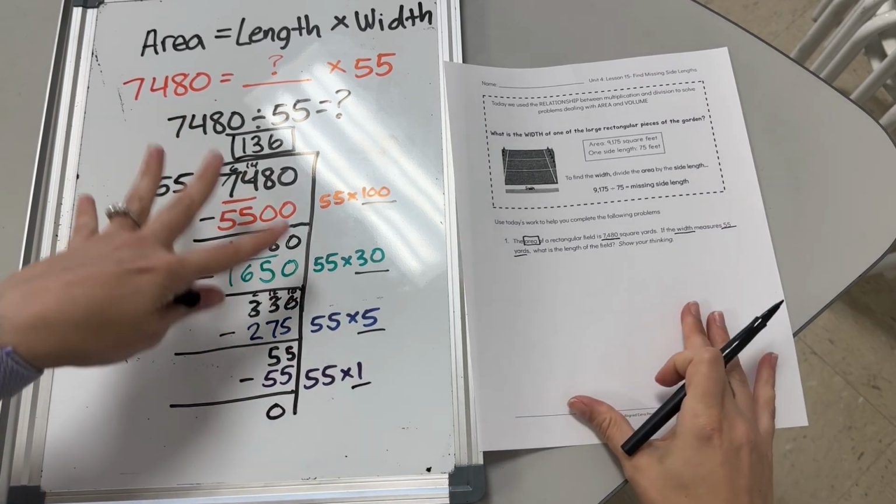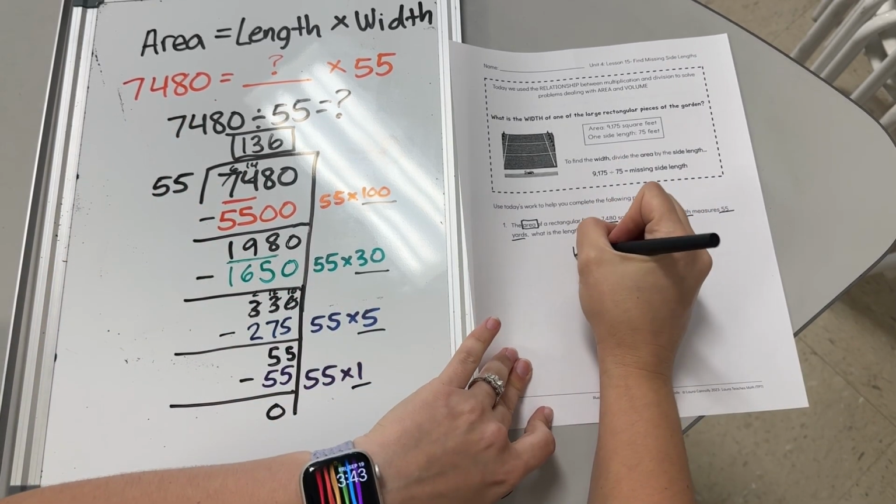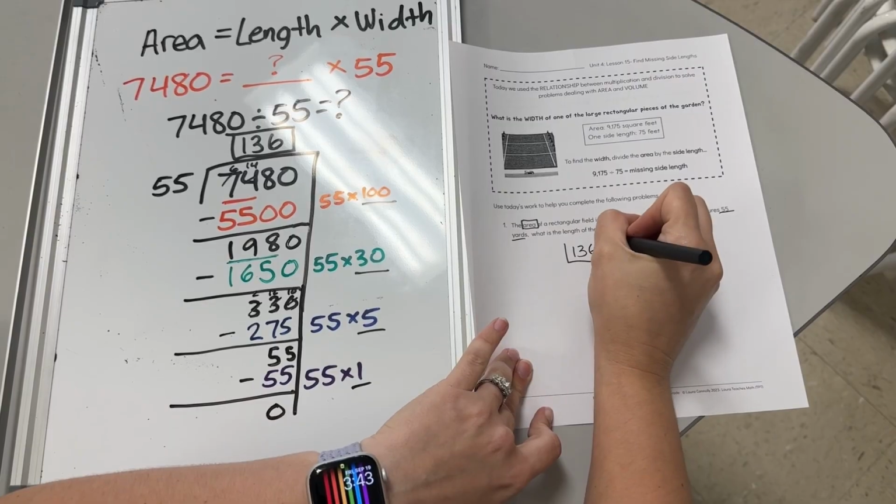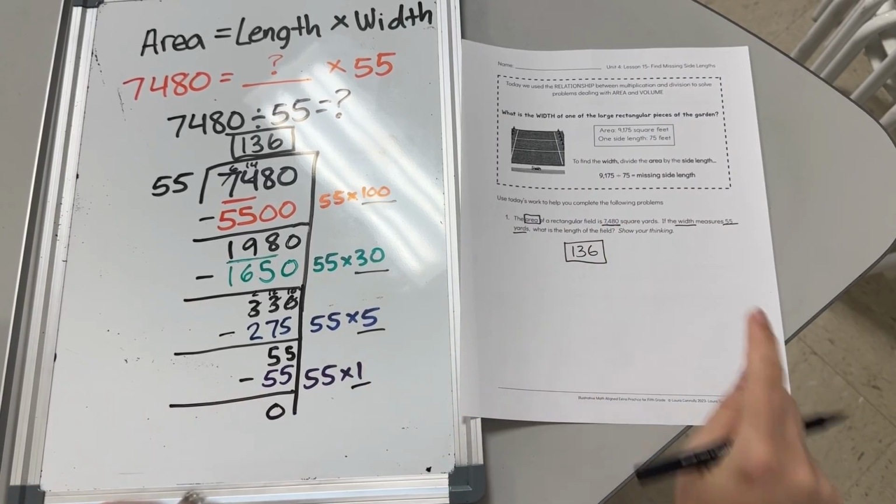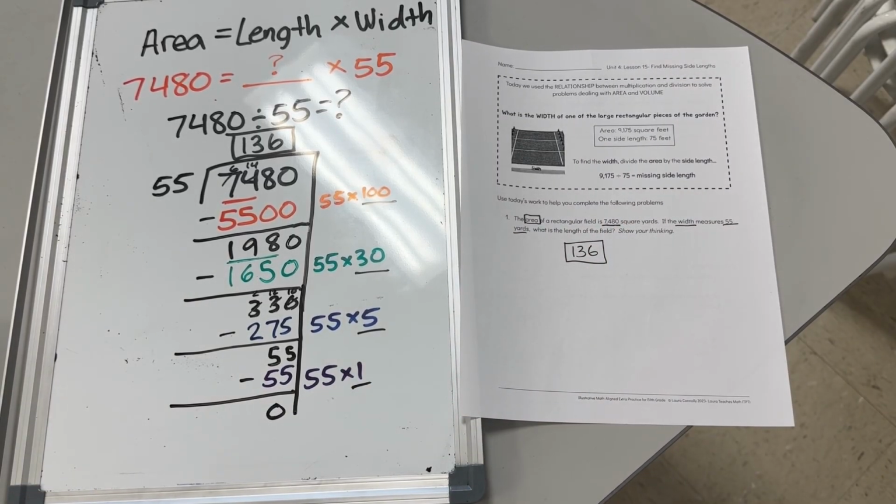Make sure that you're showing all of your work on the page, and then when you get the 136, you're putting a box around it to indicate that that is your answer. And that 136 is representing the length of the field, 136 yards.